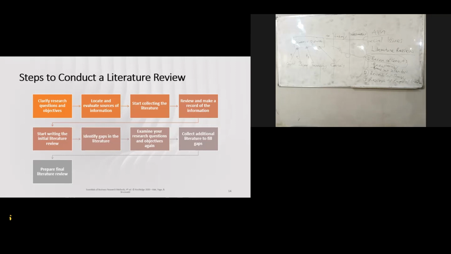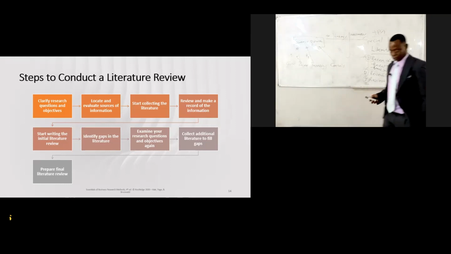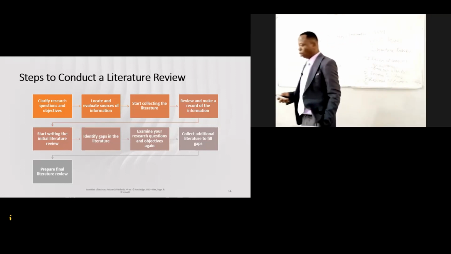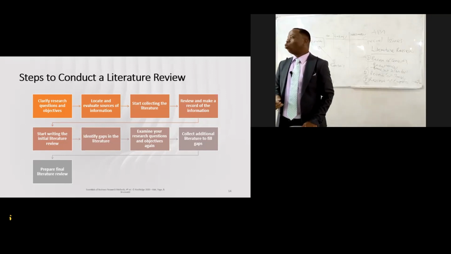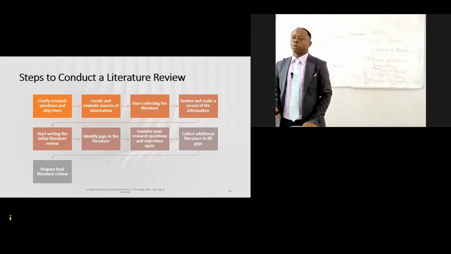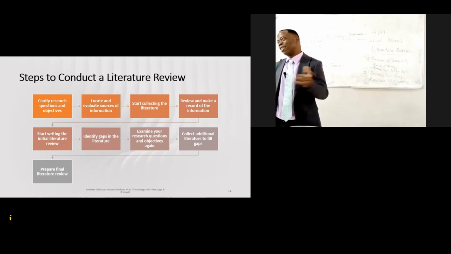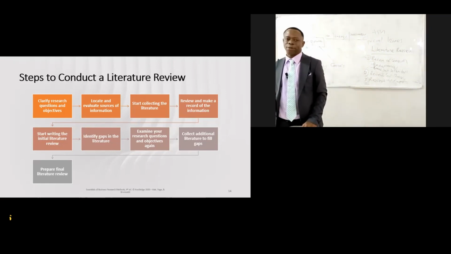It's not easy to start the writing because it involves a lot of reading. Sometimes before you write one paragraph, it can take 2 days of reading, because you have to synthesize all that you have read.